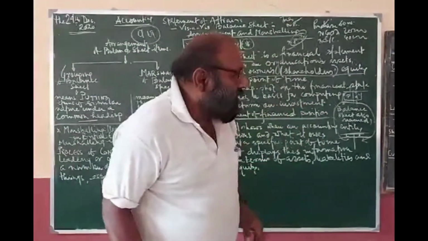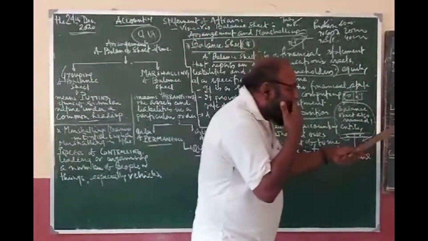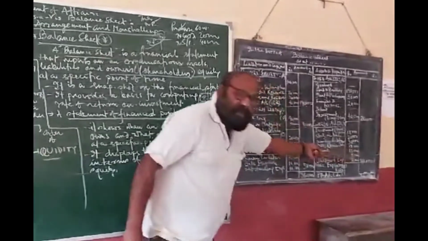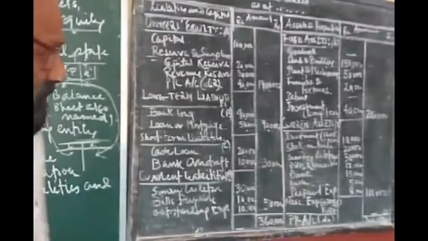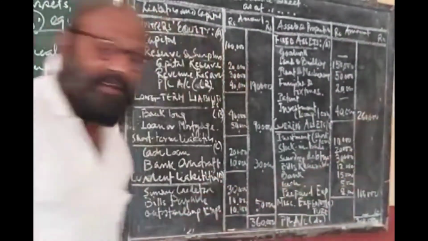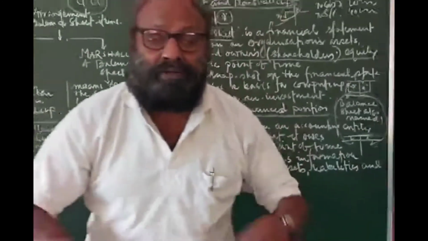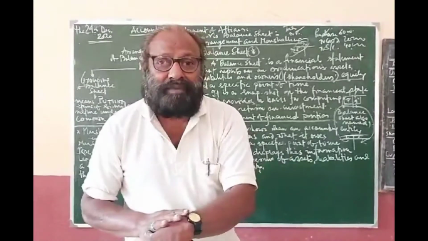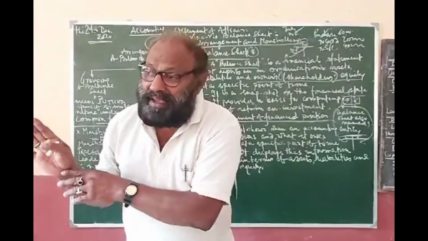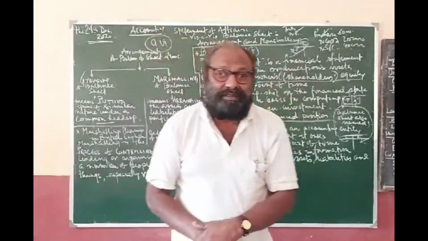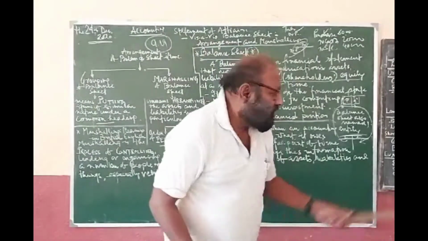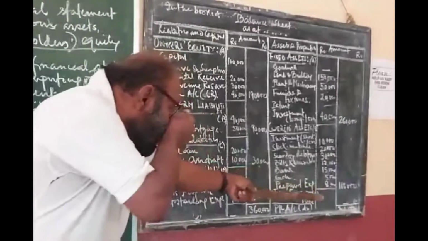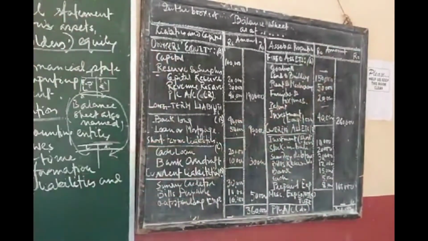Now, say you consider this is our balance sheet at a particular date. Here the cash balance is 5,000, and the bank is 15,000. Just after 11 a.m. I go to the banker and withdraw 10,000. Then the bank balance will go down by 10,000 to 5,000, and the cash balance will go up to 15,000.